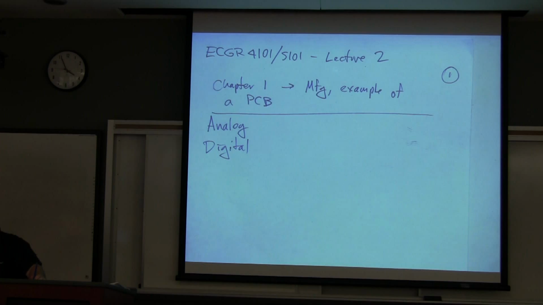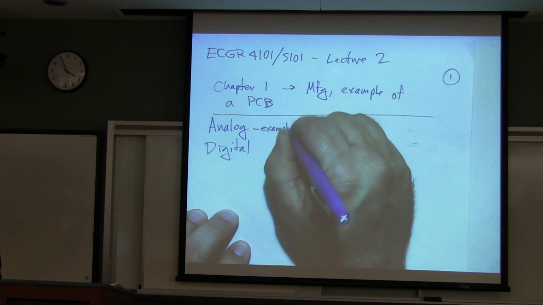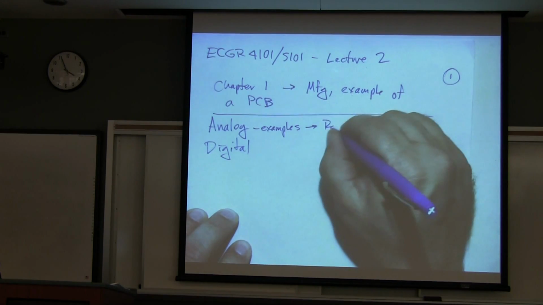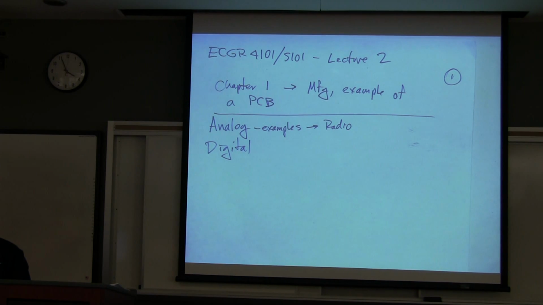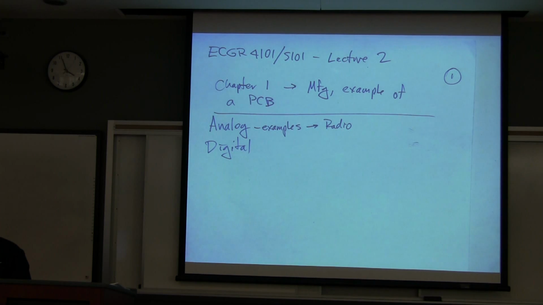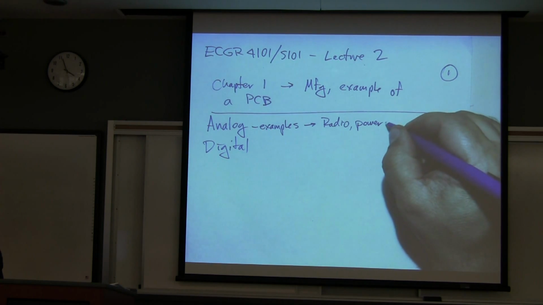So what are some examples of analog that you know of? Anything in the world. Radio. What about the data in the radio waves? You might represent data in digital format in those radio waves, right? That's interesting. Well, let's look at something a little bit more meaningful. What else? Amplifiers. Amplifiers, or you're thinking of power, or for that matter, voltage?